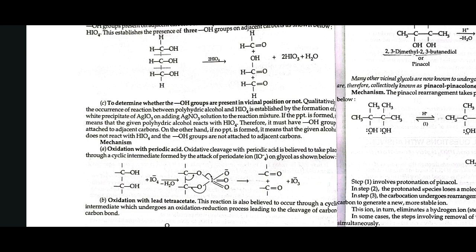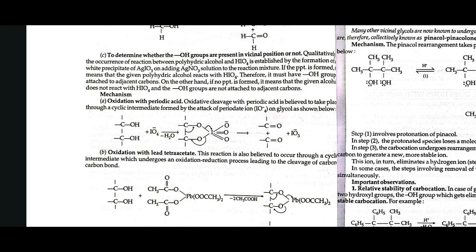If the precipitate is formed, it means that the given polyhydric alcohol reacts with HIO4. Therefore, it must have OH groups attached to adjacent carbons. On the other hand, if no precipitate is formed, it means that the given alcohol does not react with HIO4 and the OH groups are not attached to adjacent carbons.